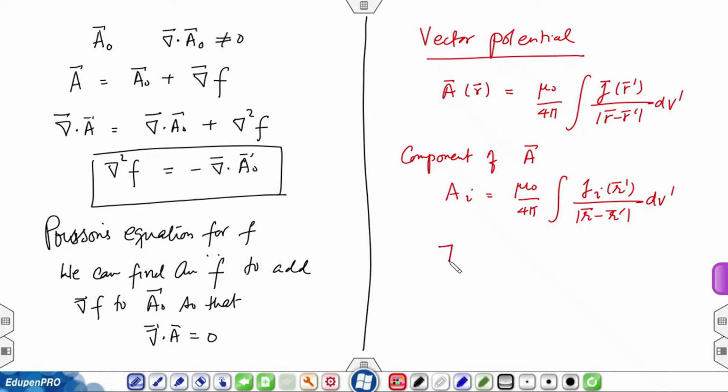Then you can see that del square A i will be equal to minus mu naught j i of r prime.